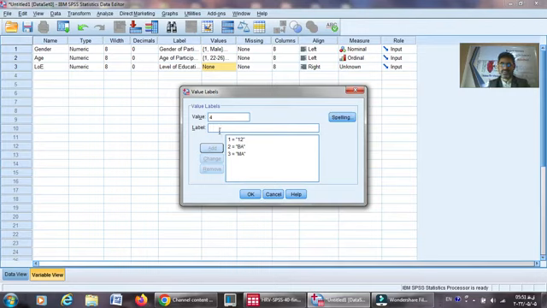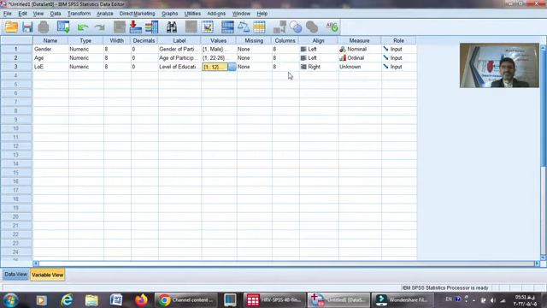Then add and OK. Again, columns equal left, and it's also ordinal because there are categories and levels: PhD higher than master and master higher than bachelor.